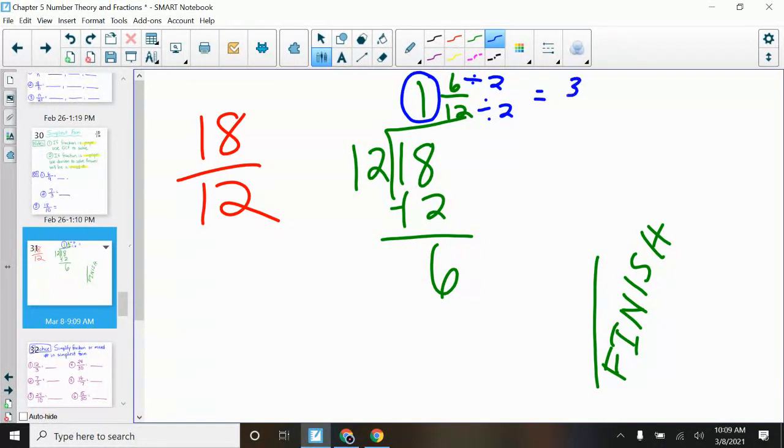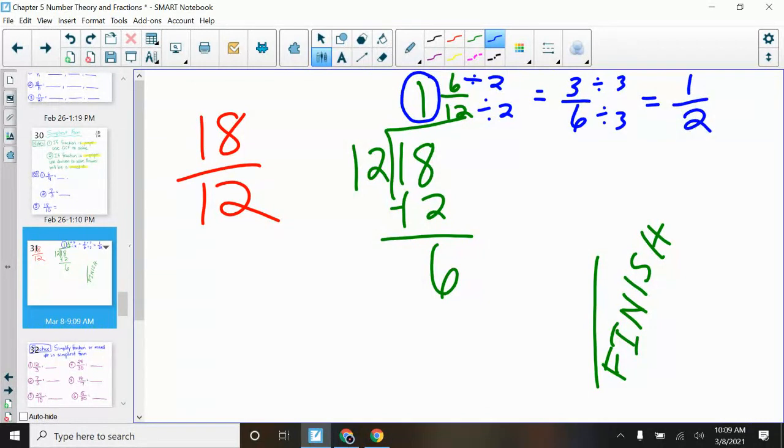You got 3/6. But 3 and 6 are still not done because 3 and 6 both have a number in common. What do they have in common? 3. They now have a 3 in common. So now you have to divide each of those by a 3. And then you would get your 1/2.